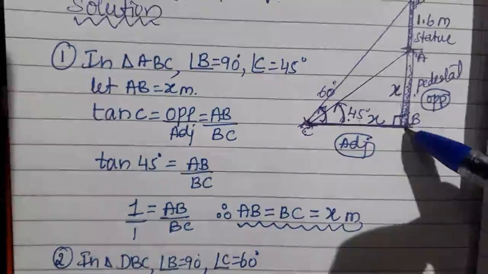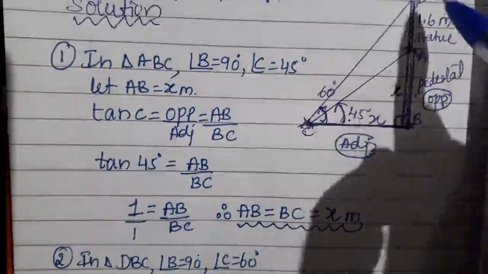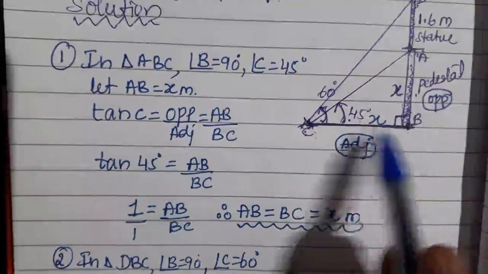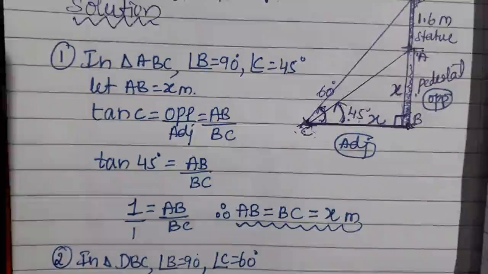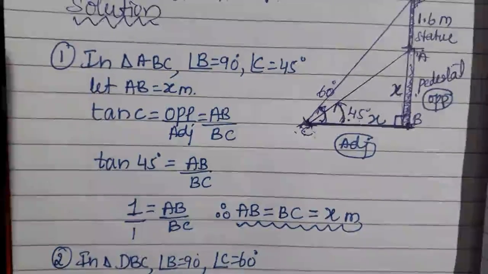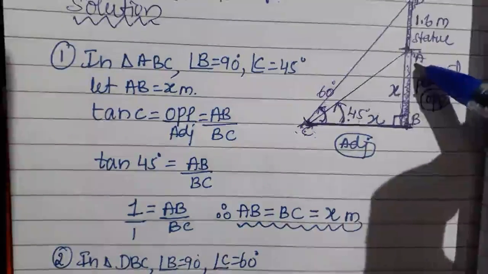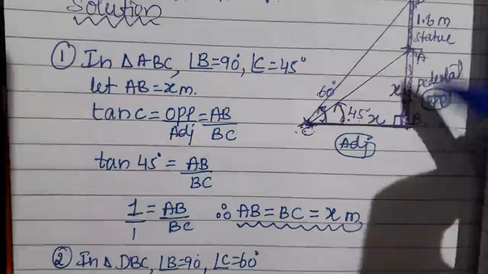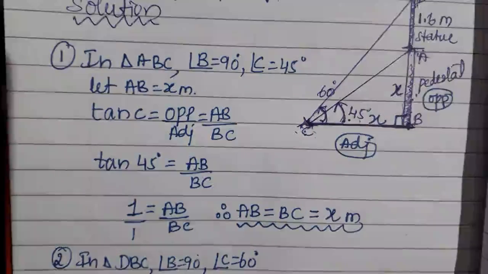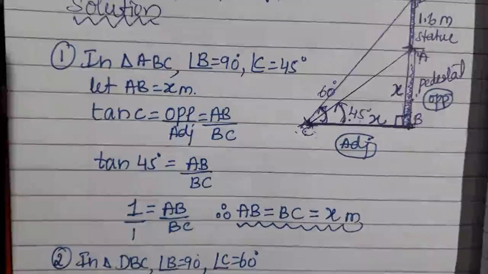Again DB becomes opposite side. BC becomes adjacent side. BC I have got it as x. And if you see BD, you can notice BD is nothing but AB plus AD. AB is x, AD is 1.6. So BD is equal to x plus 1.6 meter.